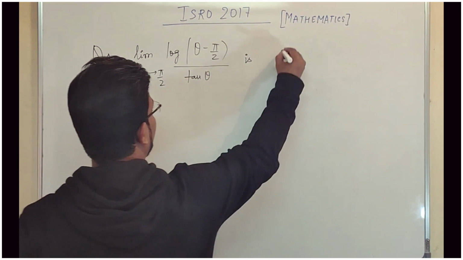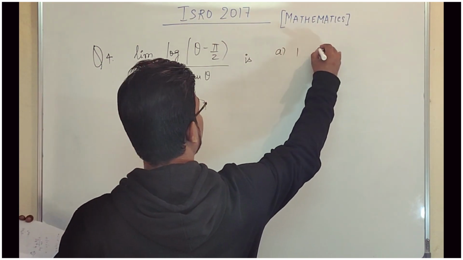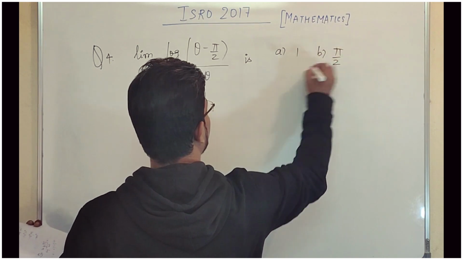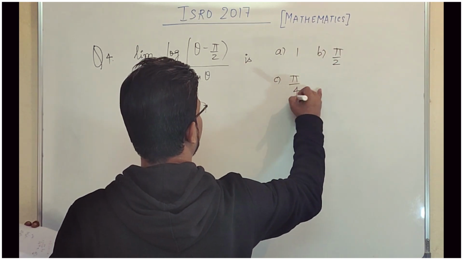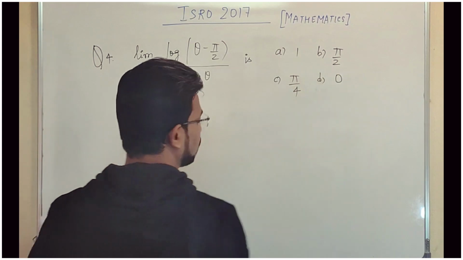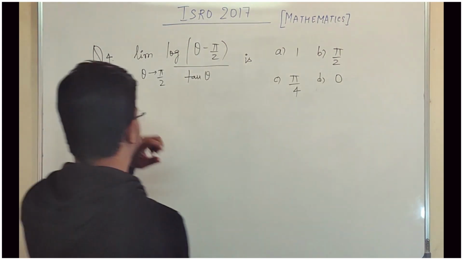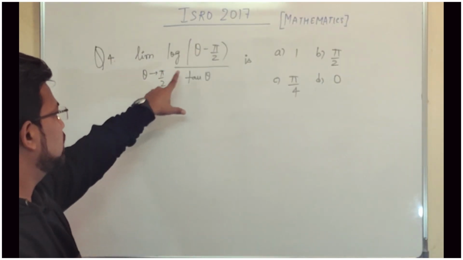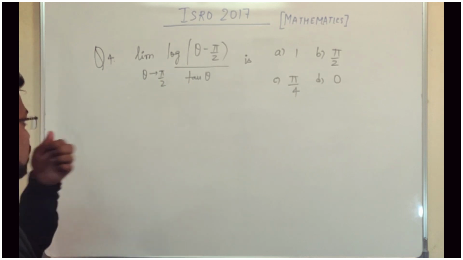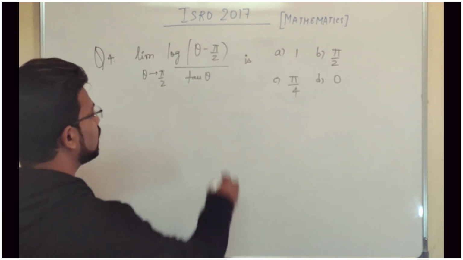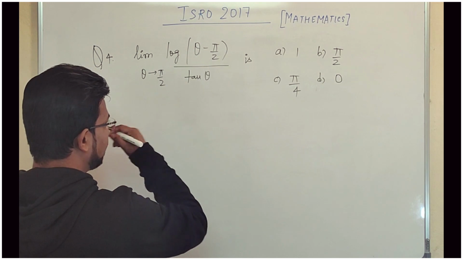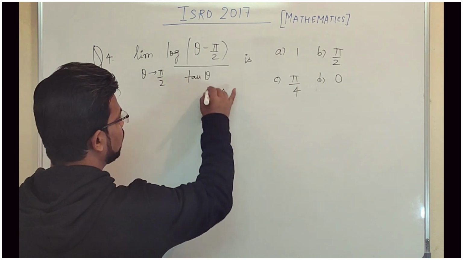Your option A is 1, option B is pi by 2, option C is pi by 4, and option D is 0. Simple question. If you substitute theta equal to pi by 2 here, this will be log 0, which is infinity. So this tan pi by 2 is also infinity, so this is infinity by infinity form.